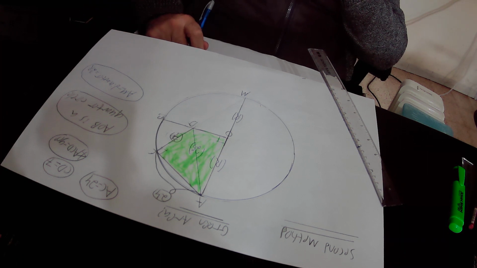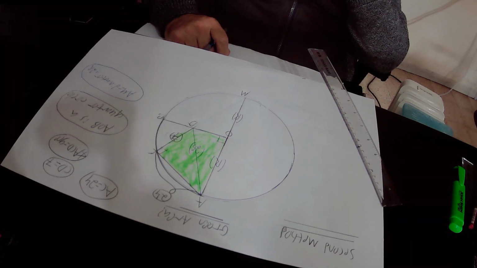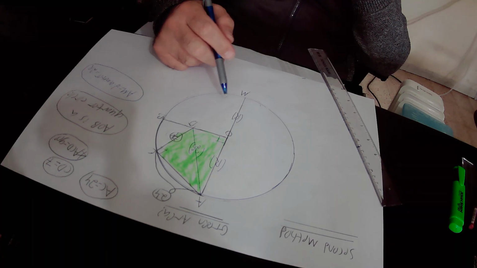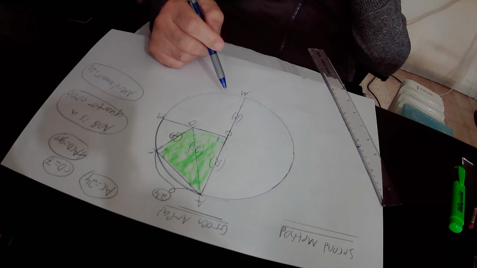In the next step, we'll extend side CD until it touches the circle. The question is where the extended side CD will touch the circle. We'll assume that the extended side CD will not touch the circle at point M, but at another point.